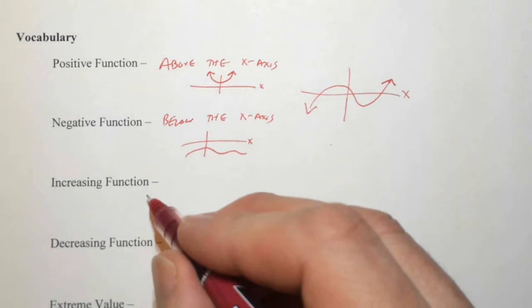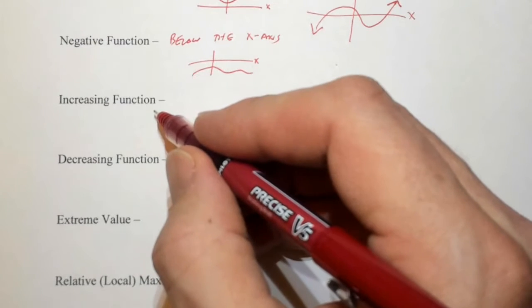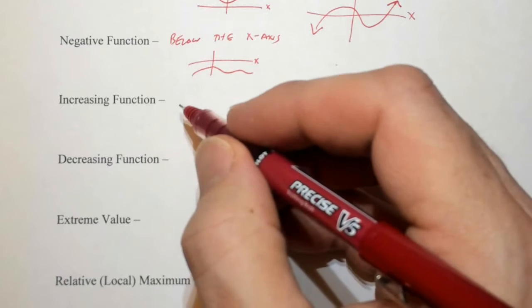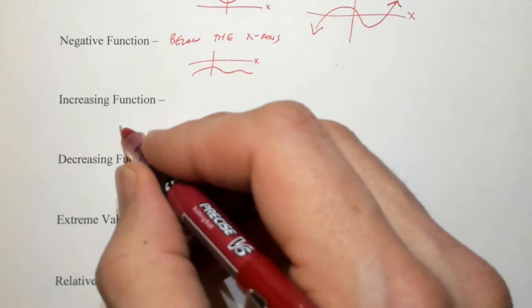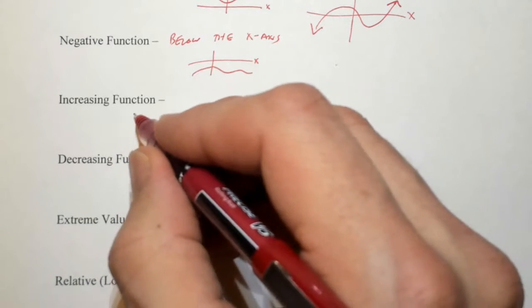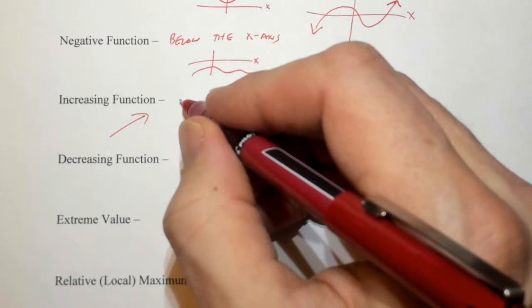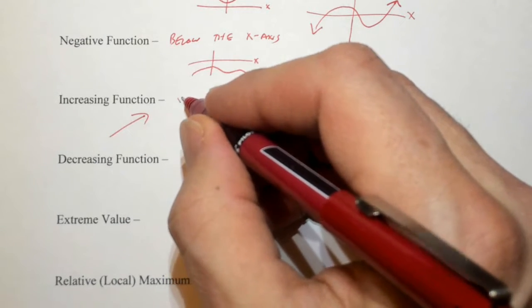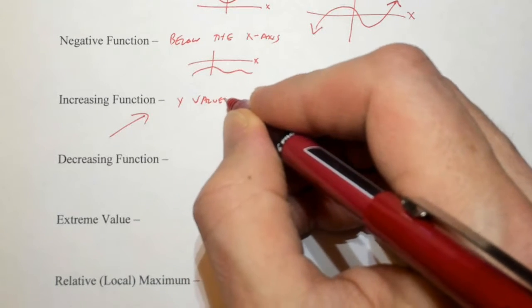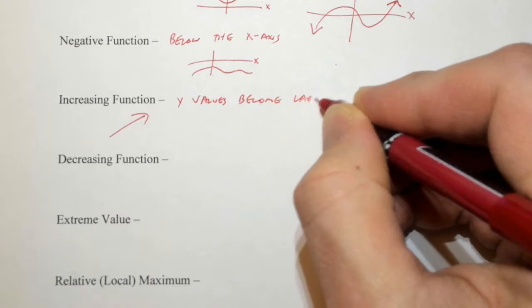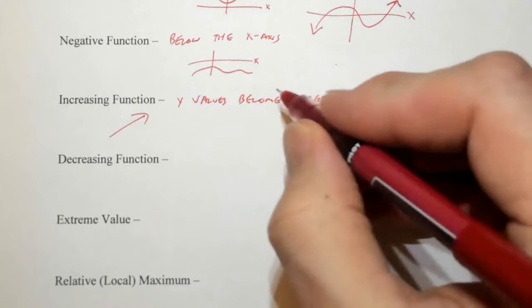An increasing function is one in which the y values get larger as the x values get larger. So we're heading up. Basically we're talking about a function which is going up as we move to the right. But in essence, the y values become larger as the x values grow.